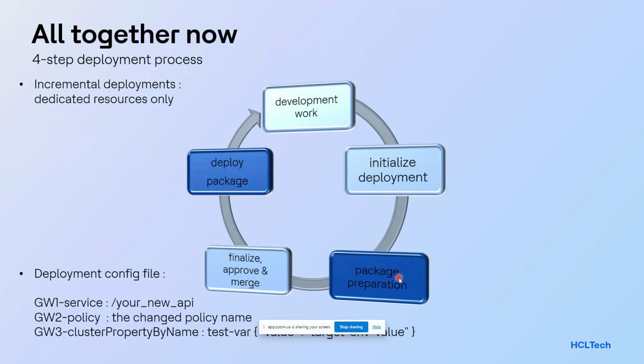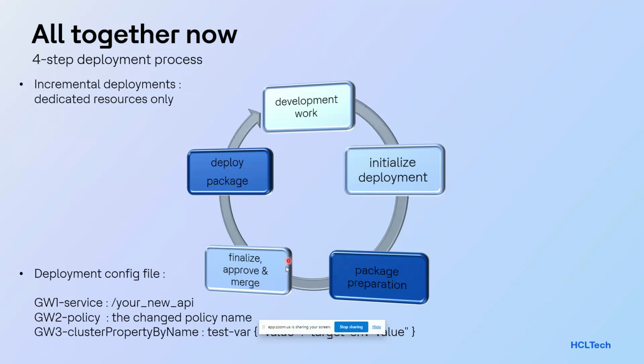This triggers Jenkins through GitLab. Jenkins prepares the deployment package by mostly exporting the dedicated resources from the source, comparing it to the target gateways, and doing some work to present the package in a nice format in GitLab.